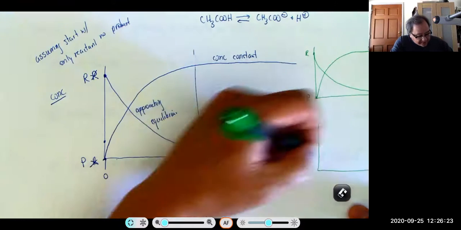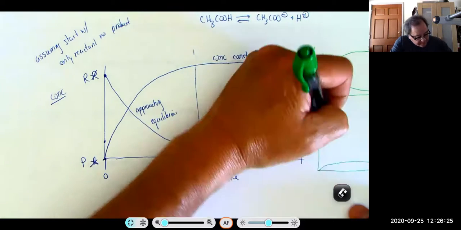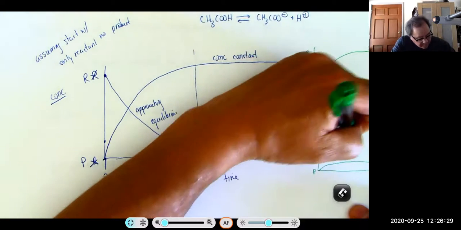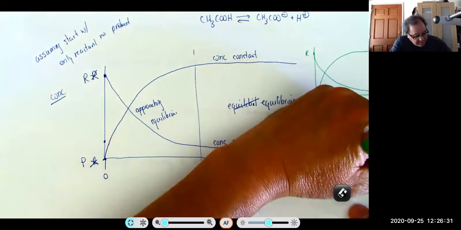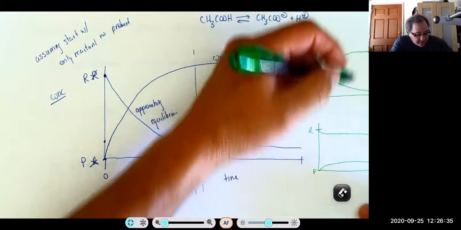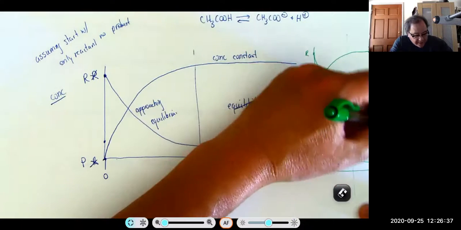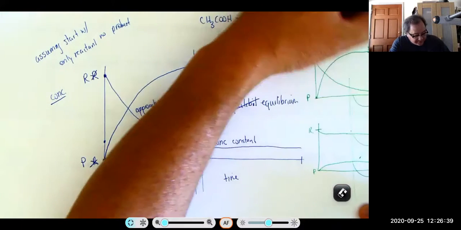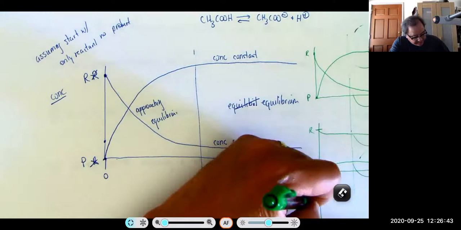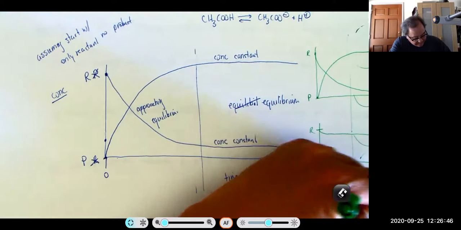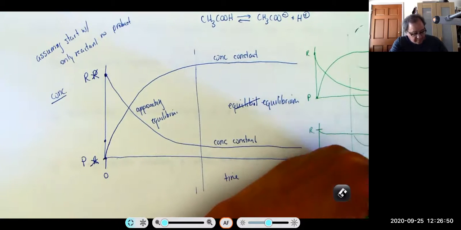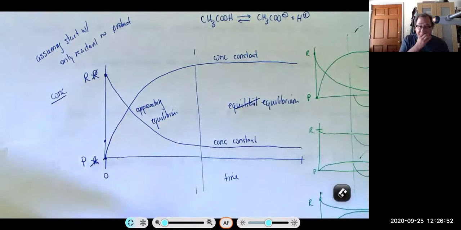It could go like this. So again, what do these 2 graphs have in common? And that is beyond a certain point, they remain constant. And it could be something like this. So here we have 3 different graphs.